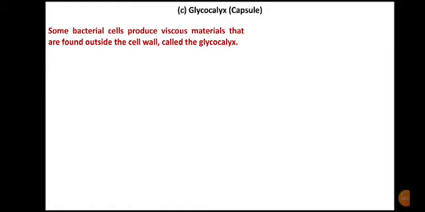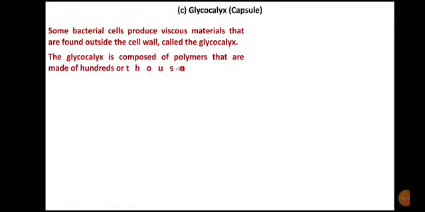These bacteria produce a viscous material outside their cell wall, and that is called glycocalyx. In general, it is made up of carbohydrates, and that is why it is called glyco.